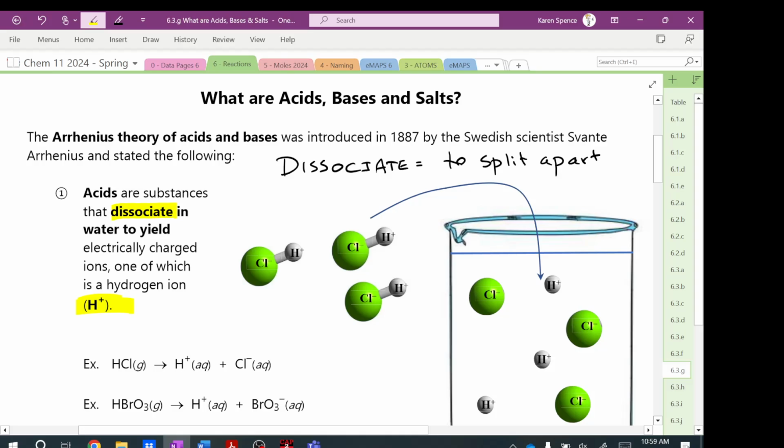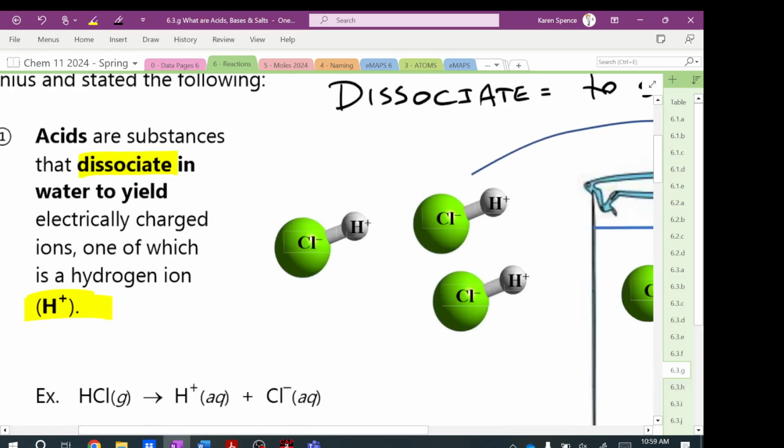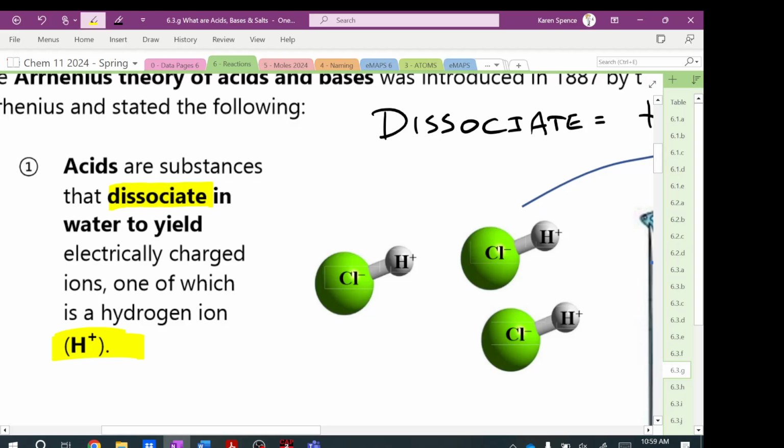There's another word in here that I want to define for you because many people get confused by this. It says they dissociate in water to yield. Now, this is not the traffic signal kind of yield. To yield means to produce.